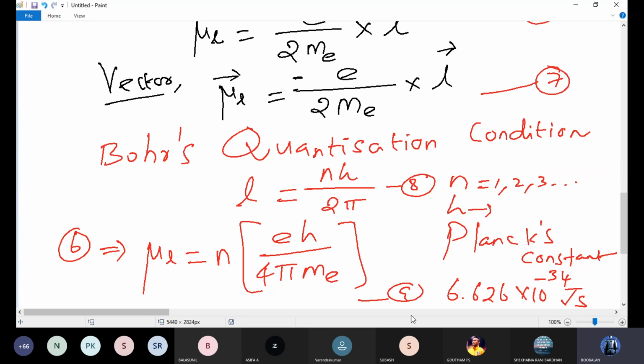For internal mark, data submission, content, presentation, we have some rubrics and we should follow them. Okay, Balasunil, goodbye. So 5 marks. Even if he is submitting late, there is no problem. Only proper data submission is important.